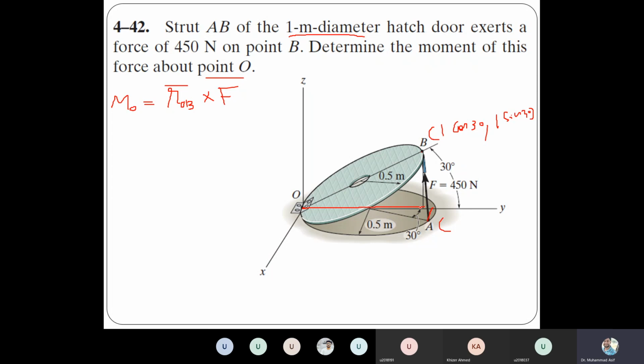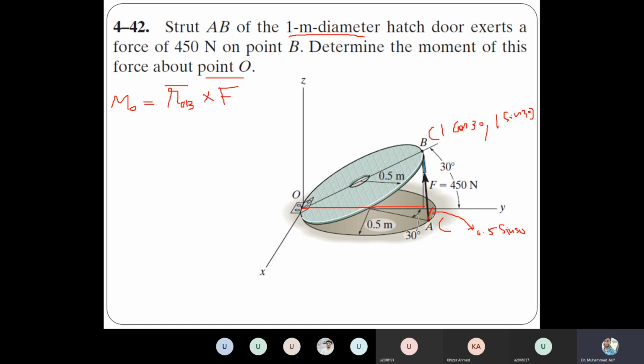This is 0.5, and that angle is 30. So what will be the value of this one? 0.5 sin 30. This is 0.5 sin 30, and the direction is in the x-axis.